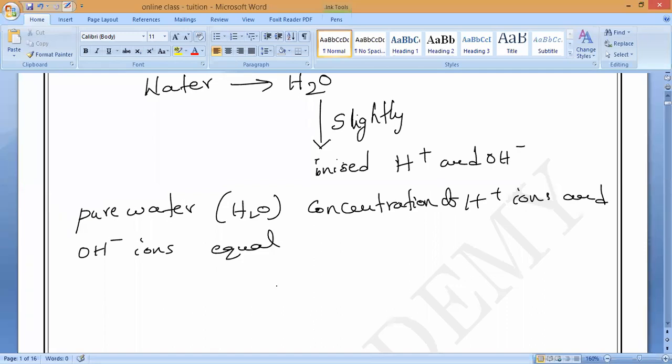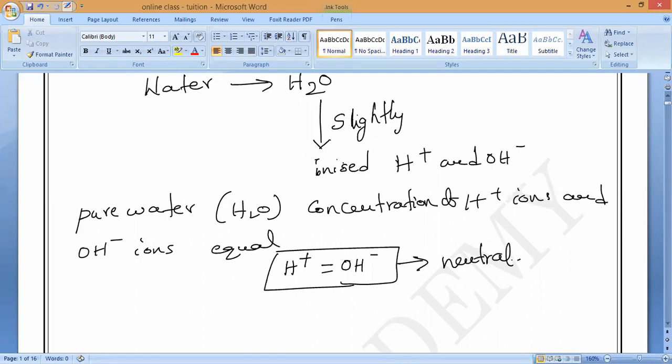Do you all understand? So that is what you have to remember. In pure water, the number of H plus ions equals the number of OH minus ions. Due to this only, we call pure water neither acidic nor basic. It is called neutral. What do we call it? Neutral.